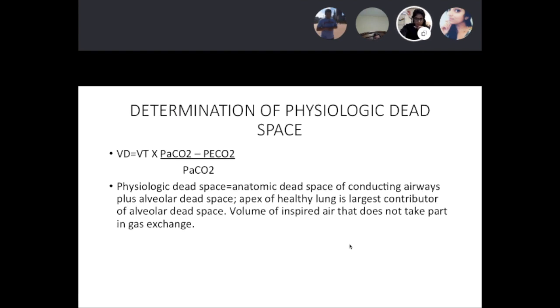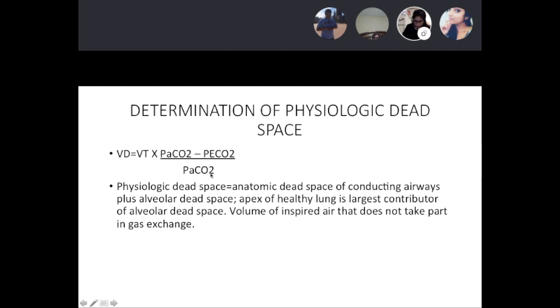So with that, when determining the physiologic dead space, the equation here, as you see, is telling us the tidal volume, or V sub T, times the partial pressure of carbon dioxide in the alveoli minus the carbon dioxide in the expired air, or the partial pressure of expired air, divided by partial pressure of, again, carbon dioxide in the alveoli.